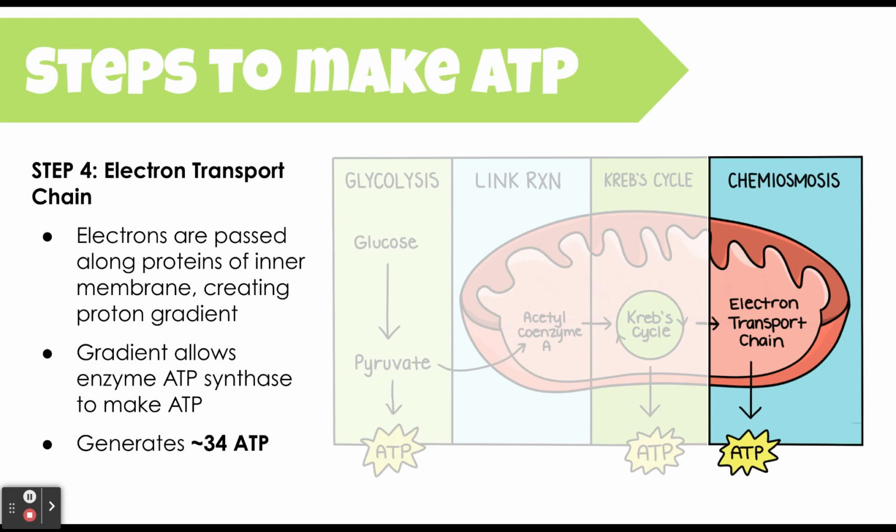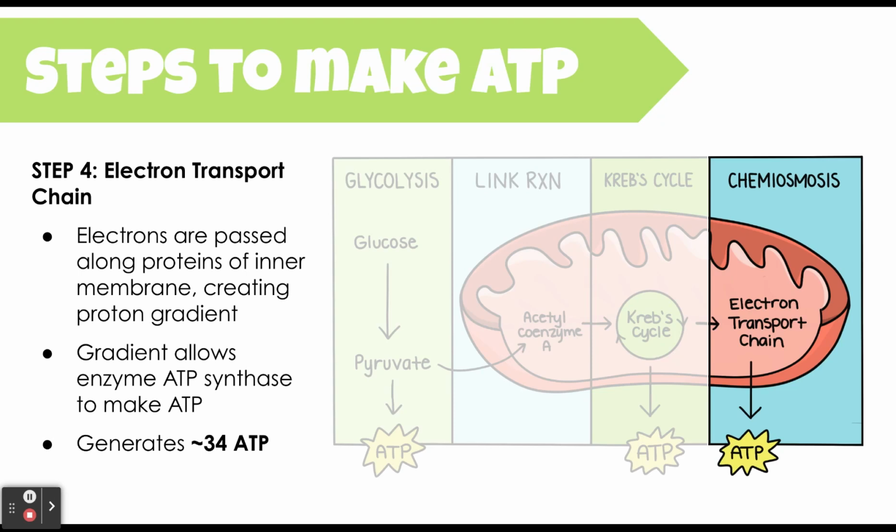They're going to be moving through that inner membrane, and that gradient of having a high and low concentration of protons on either side of that membrane is going to allow an enzyme that lives in the inner membrane called ATP synthase to basically start turning. And as it's turning, that enzyme is generating lots and lots of ATP molecules.